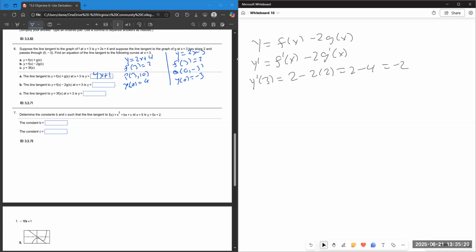And my y of 0 here will be 4 minus 2 times -3. 4 plus 6 is 10. So y equals -2x plus 10.